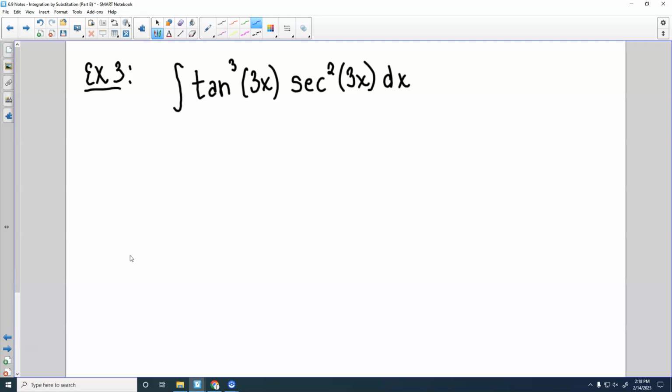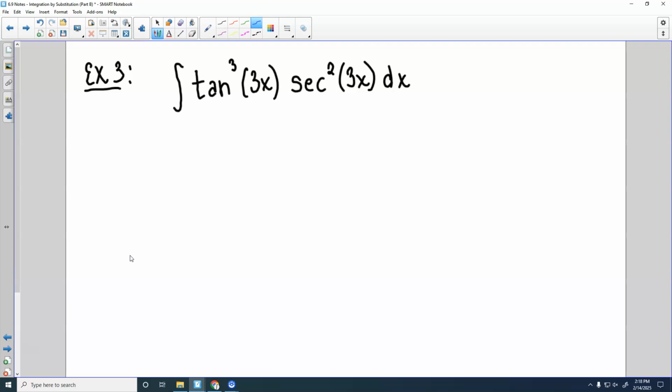What you kind of want to think about is what you know how to take the derivative of, or what the derivative would be if you let it be your u. Because whatever your u is, when you take its derivative, it needs to be in there, right?